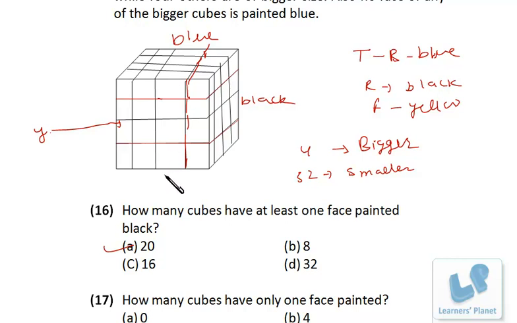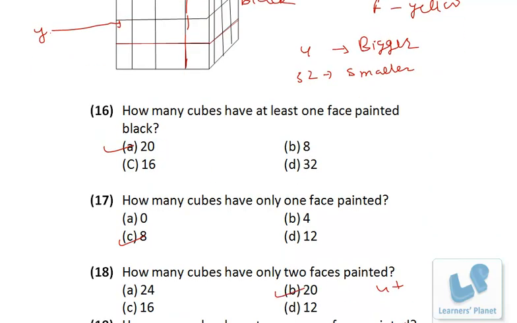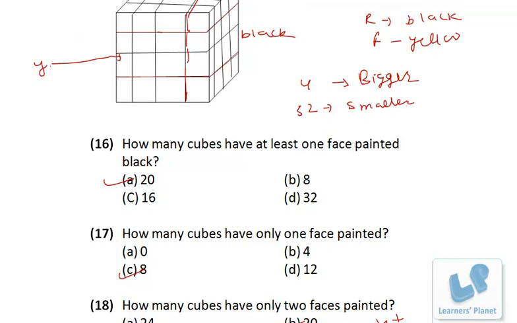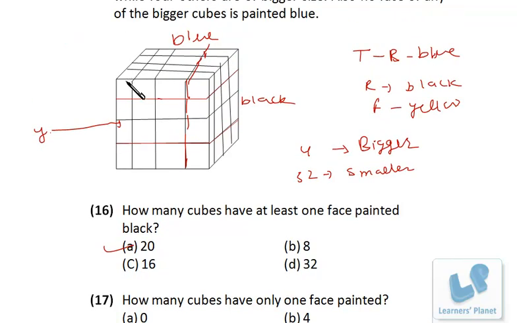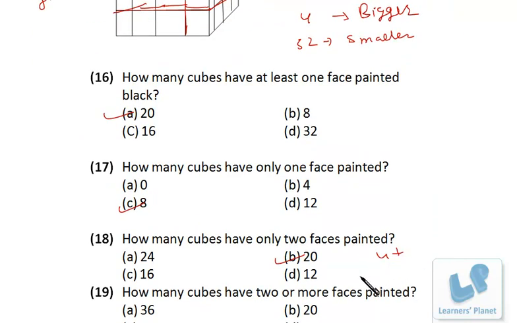So 8 and 8, 16. 16 plus this 4, 20. Okay, getting my point? At each edge we can see 2 cubes will be having 2 faces as colored. Okay, so in the top layer there are 4 edges. Each edge is having 2 cubes, that means 8, and 8 from the bottom layer, right? This is the bottom layer. Okay, so 16 plus 4 bigger ones, in all 20.